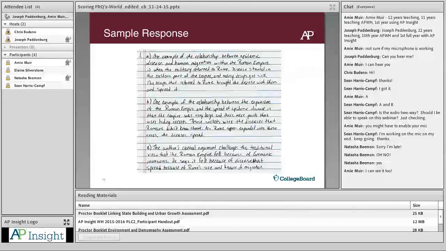Now, if he had said something like the diseases weaken the legions, and that's what allowed for the success of the invasions, that would have been a clear explanation. But all he did here in C was like he did in A and B, which was identify. And the rubric says that they need to explain. So because he or she restates information from the author rather than bringing in a little bit of outside knowledge, he doesn't get it?